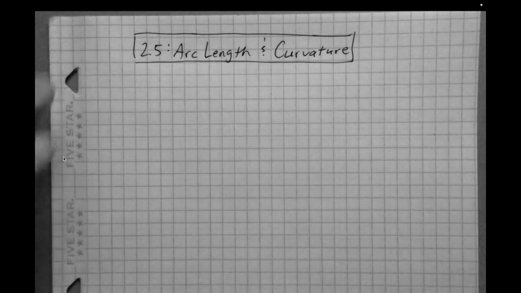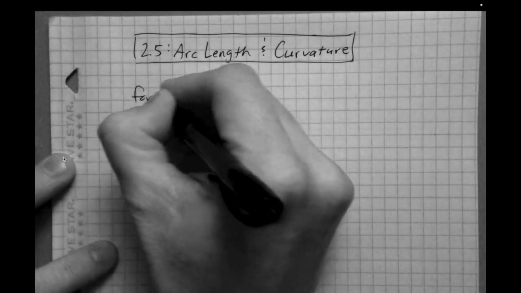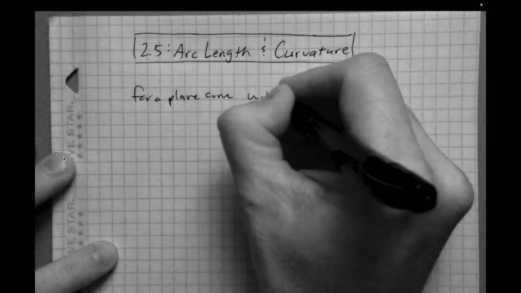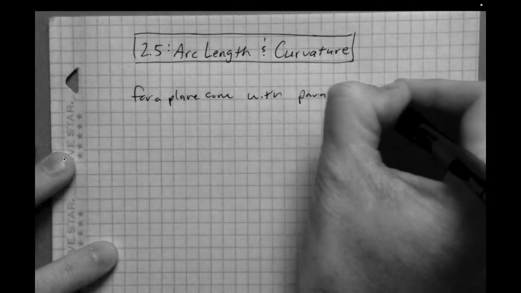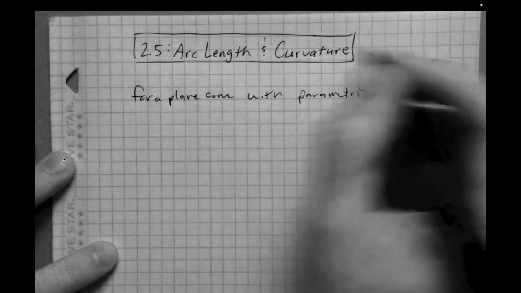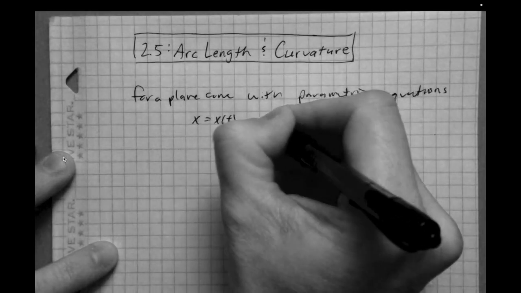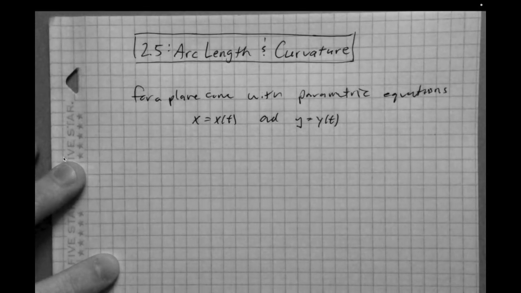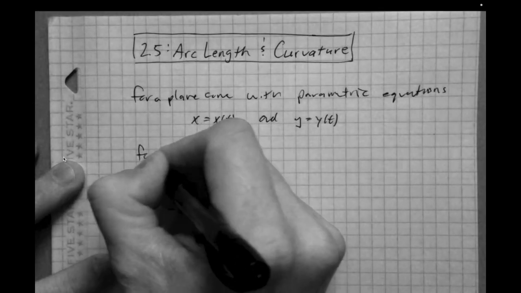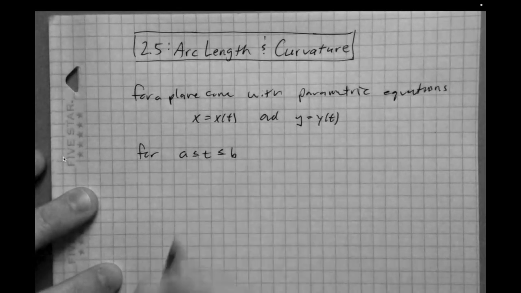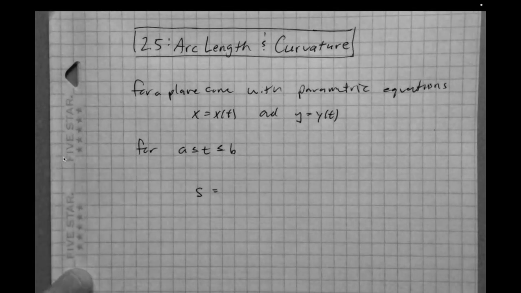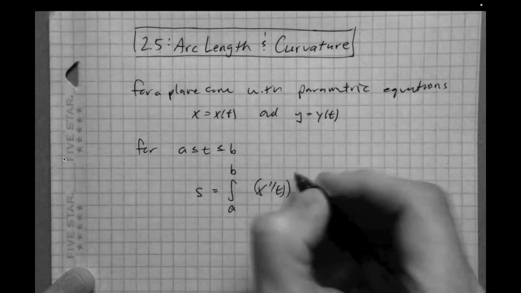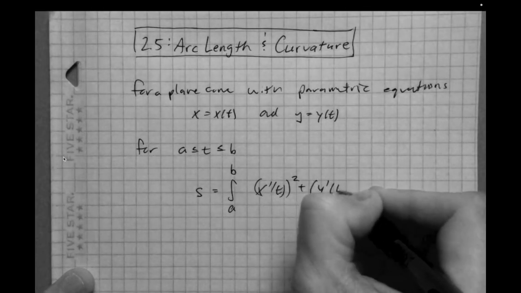And we found there that for a plane curve with parametric equations x equals x of t and y equals y of t, when t is between a and b, so for a less than or equal to t less than or equal to b, the arc length, s, was equal to the integral from a to b of the square root of x prime of t squared plus y prime of t squared.